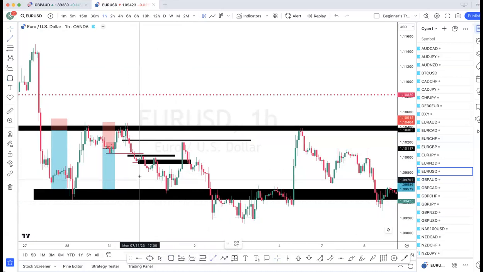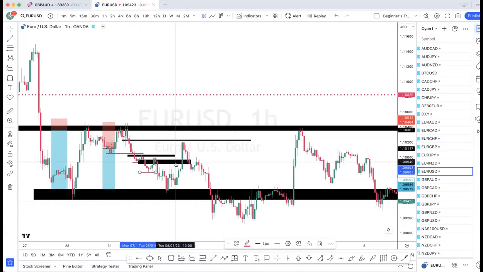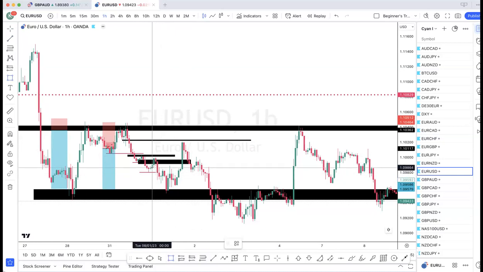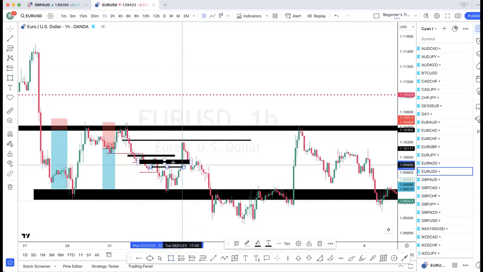So then you had another break here, and that was a good one right there. Then you had imbalance here, that price pulled back into, and well, price had already hit the zone before that pulled back, but it pushed into that zone and then pushed back down.